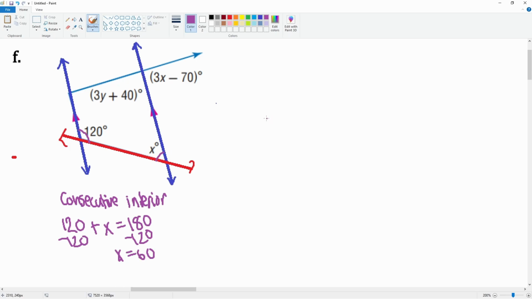Now, let's take a look. This is very interesting. I think it's both on the right. This is very hard to tell. But notice this is on the same side. And then it looks like it forms a line right here. So we know that they form linear pairs. I love using linear pairs. It's easier.